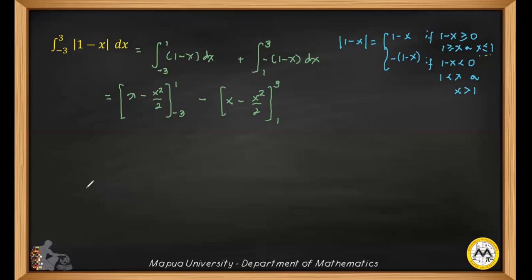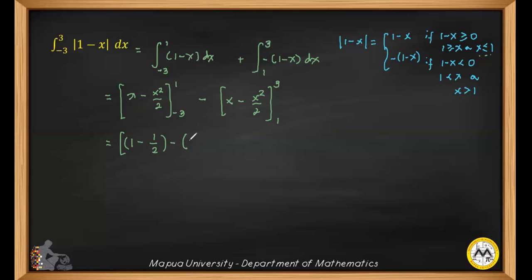Therefore, this gives us the value of the indefinite integral at the upper limit 1. So we will have 1 minus 1 squared is 1, so 1 half, minus the value at the lower limit -3.